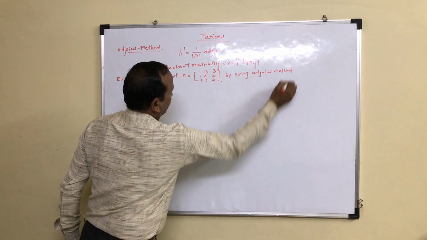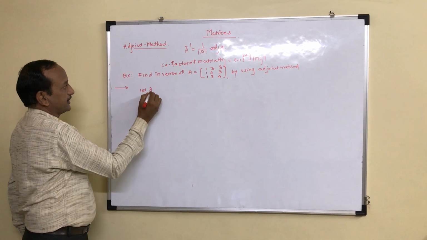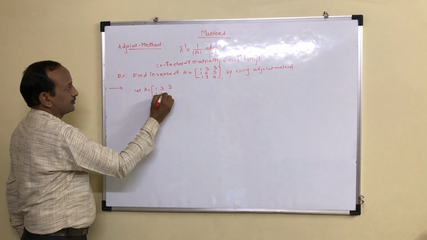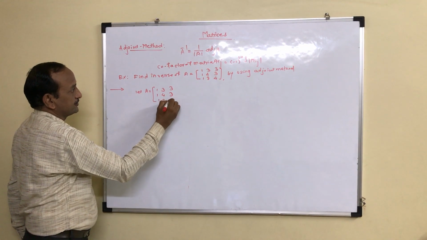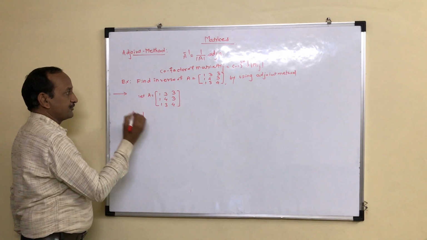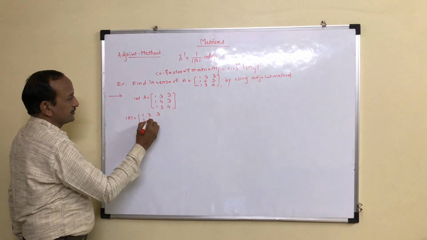First step: let A be this matrix 1 3 3, 1 4 3, 1 3 4.